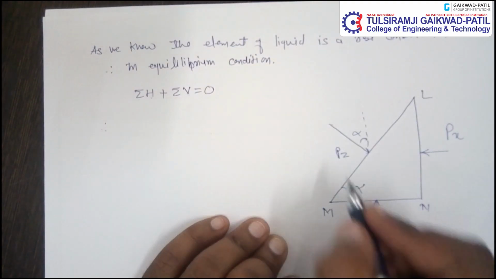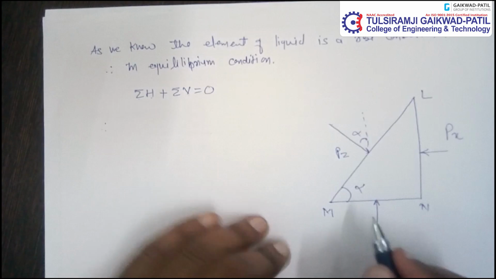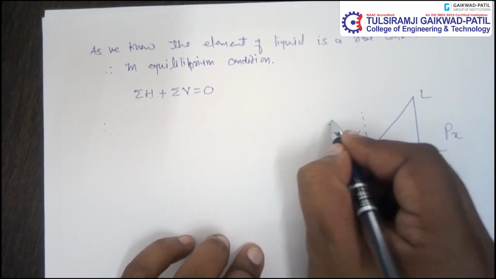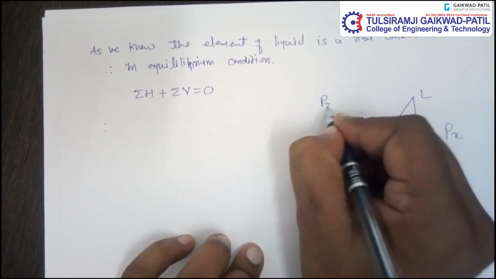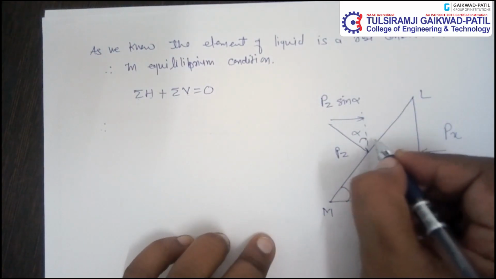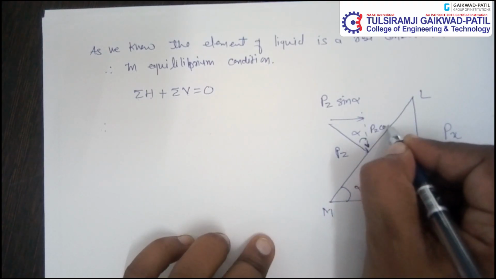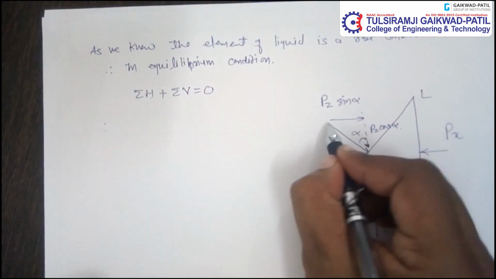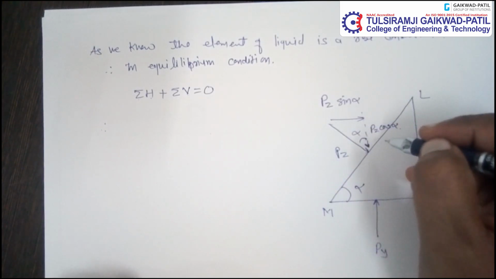So this capital Pz is inclined, so we have to resolve this into two components, that is horizontal and vertical. So this is our horizontal component of the inclined force, Pz into sin alpha, and this is vertical component, Pz into cos alpha. This is horizontal component of the inclined force, and this is vertical component of the inclined force.